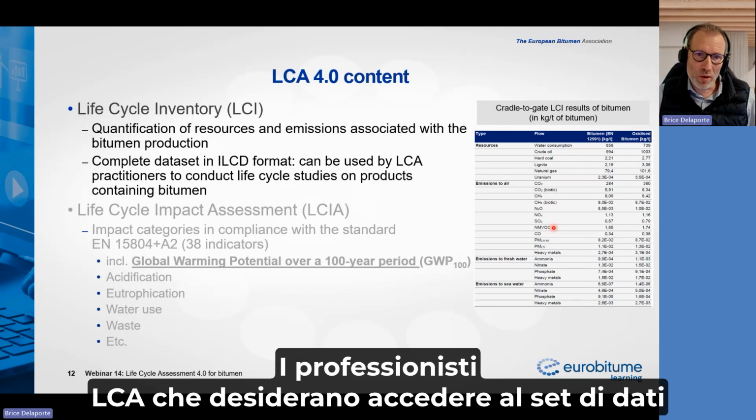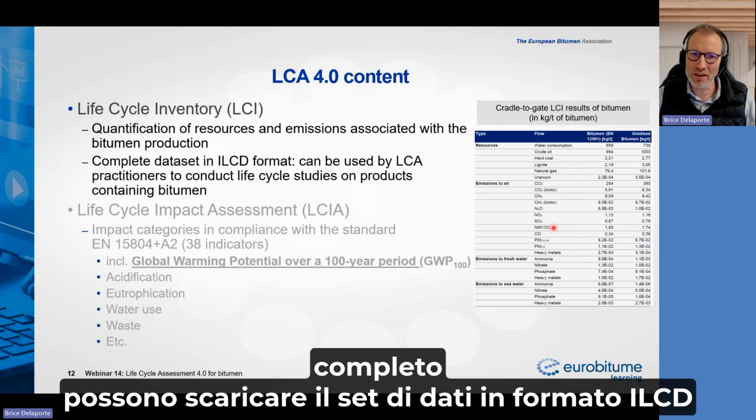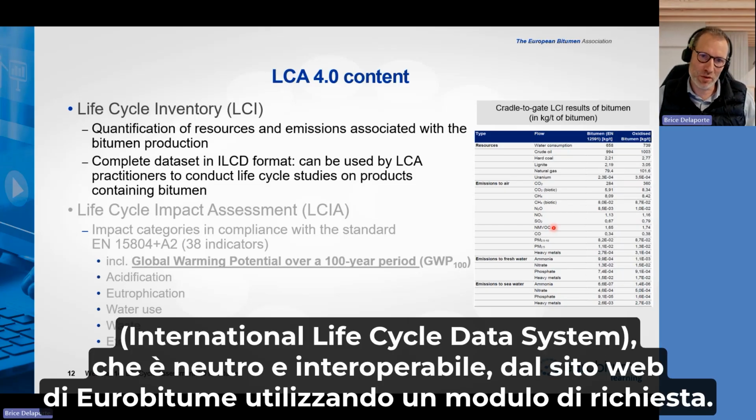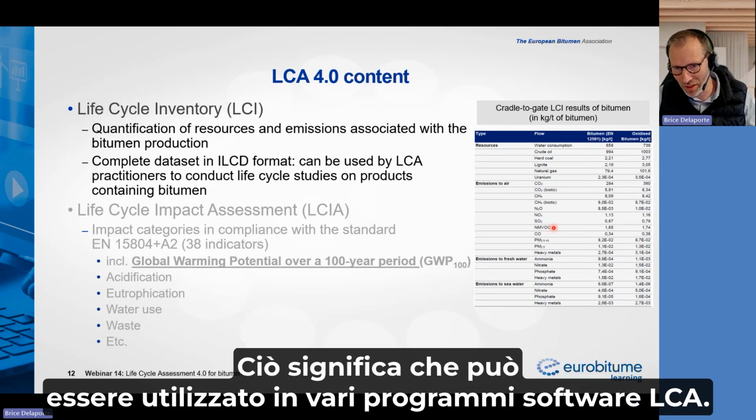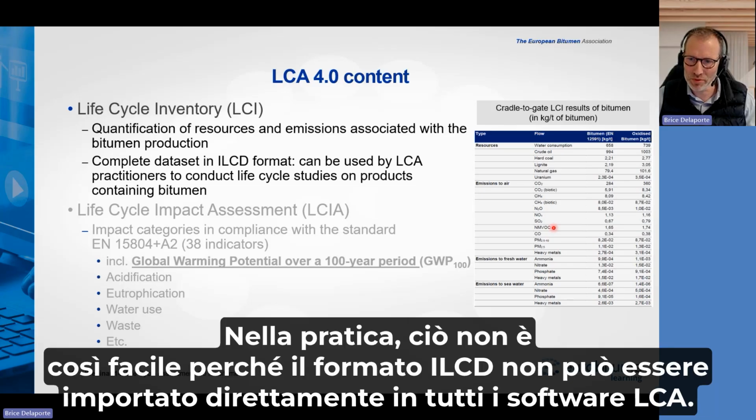And for LCA practitioners who would like to access the complete data set, you can download on the Eurobitumen website through a request form this data set in the ILCD format for International Life Cycle Data System, which is neutral and interoperable, which means that it can be used in the different LCA software programs.